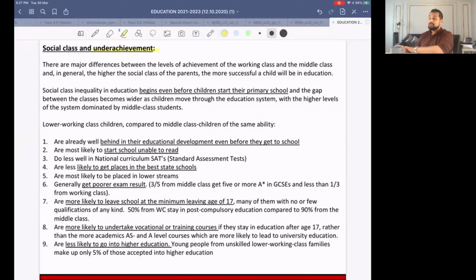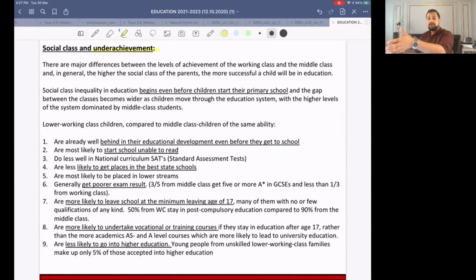Now, in the last class, we were discussing how their parents make a point that their home background keeps on complementing their school environment, because we're studying all of this under the Marxist perspective, because the schools are majorly run with the value system that goes in line with the middle class.